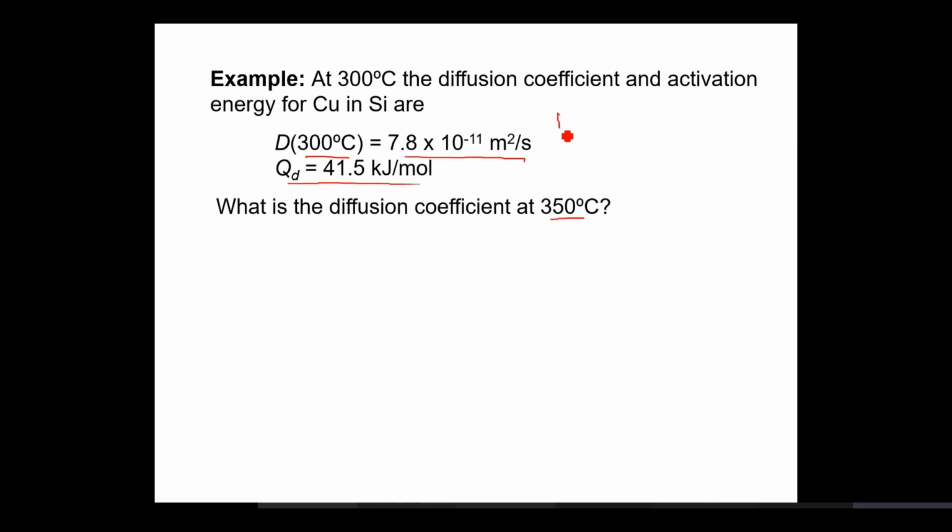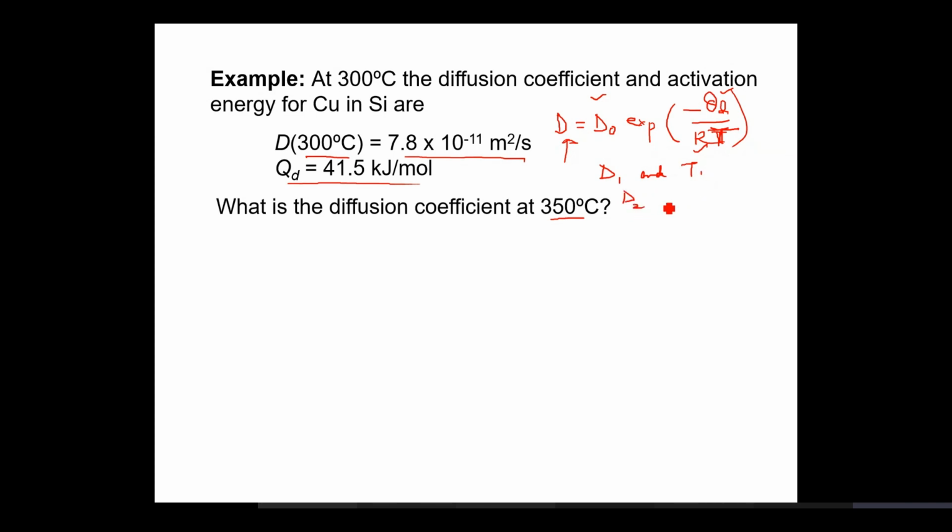If I write down the equation for you, D is essentially equal to D naught exponent of minus QD over RT. D naught would remain the same whatever the temperature. QD would remain the same, R would remain the same. So you have two variables T and D. For one condition D1 and T1 are given.